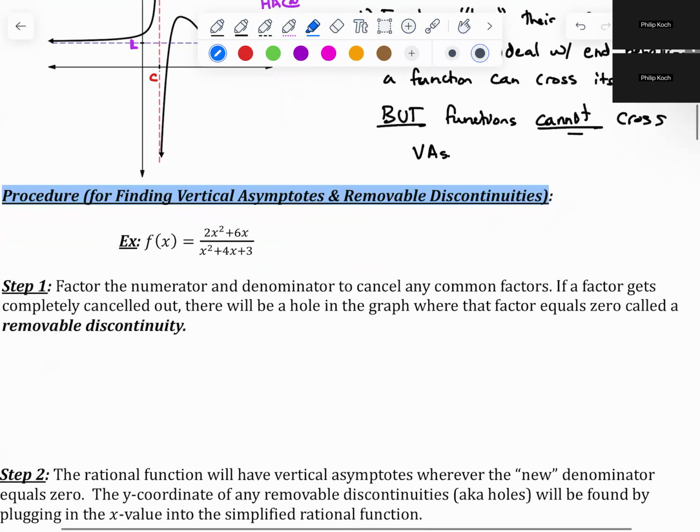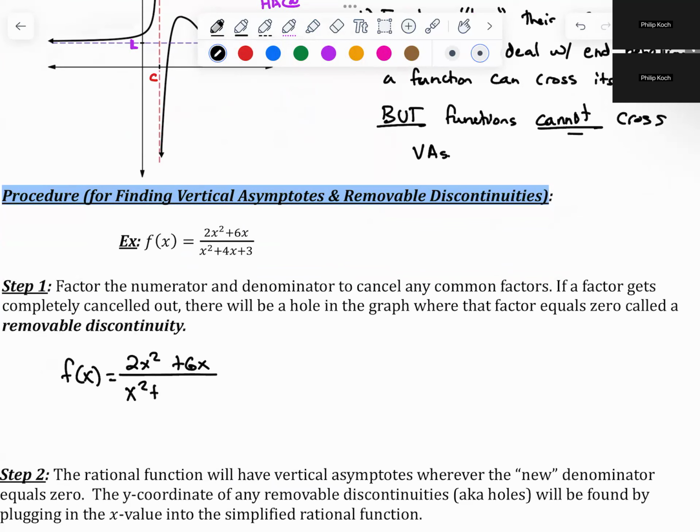So in this example, f of x equals 2x squared plus 6x divided by x squared plus 4x plus 3. That will factor to 2x times x plus 3 over x plus 1 times x plus 3.